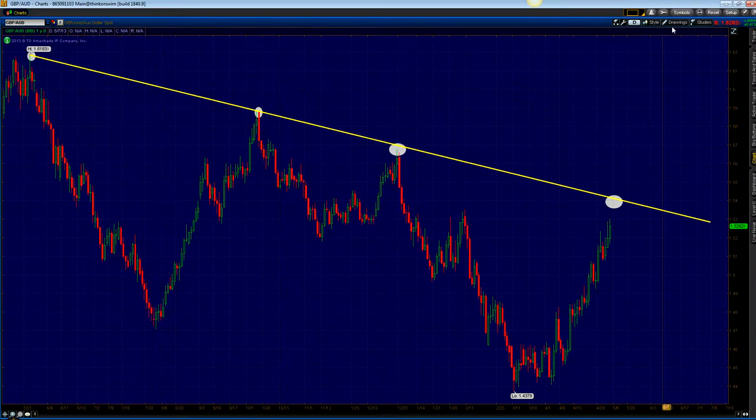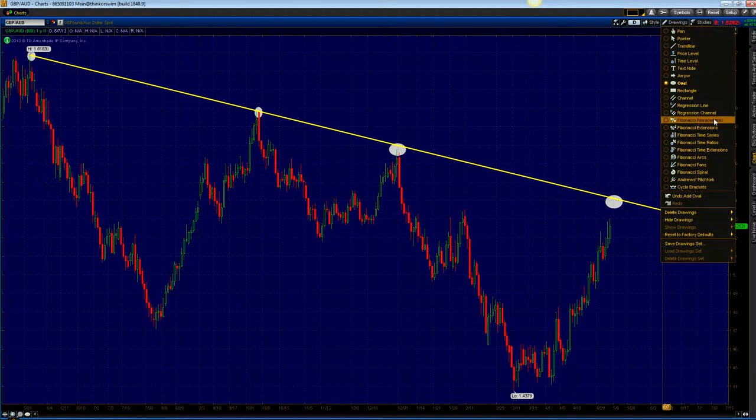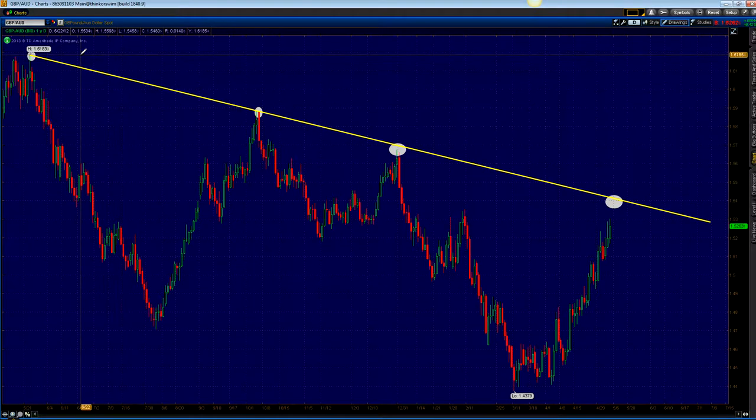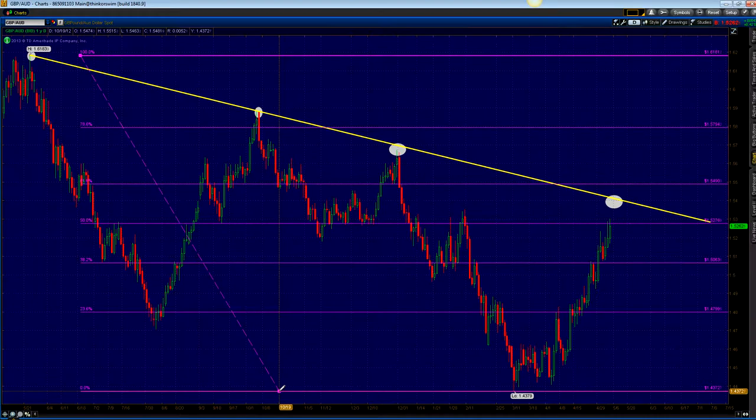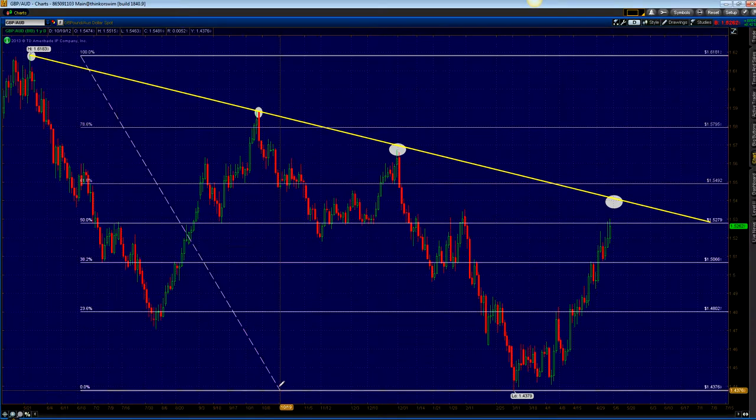We also have some interesting Fibonacci confluence areas that we're sitting at. If we take a look at this overall move here from the 161.83 highs down to the 143.79 lows, you can see we're sitting right at a 50% Fibonacci retracement right now.